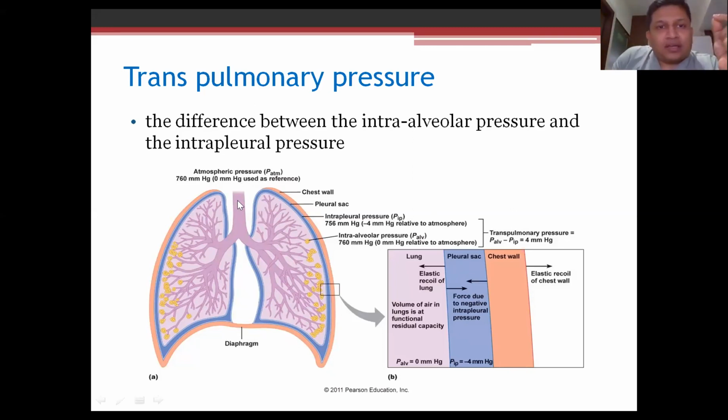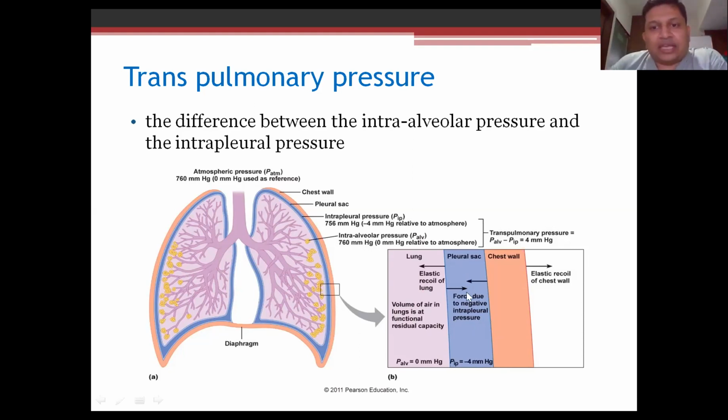Now, what determines the flow of air from the mouth to the alveoli? It is the transpulmonary pressure. The pressure difference between the alveolar pressure and the pleural pressure is the force that decides how much air will flow, not the full intrathoracic pressure, but the pressure difference between the alveoli and the pleura. So that is called the transpulmonary pressure.